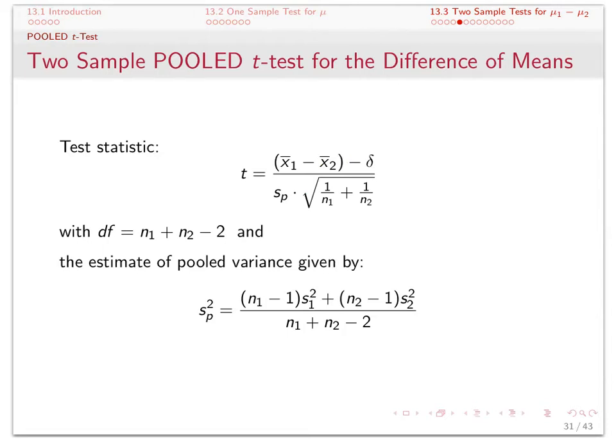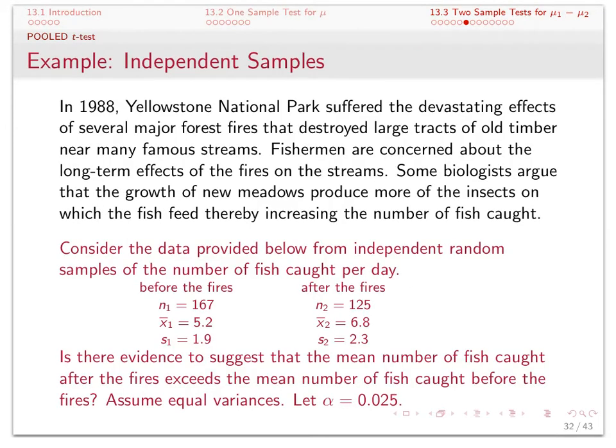Now remember, this is a t-score that's going to be computed with degrees of freedom equal to n1 plus n2 minus 2, and we'll generate the estimate of pooled variance by computing sp squared equal to n1 minus 1 times the variance of the first sample, plus n2 minus 1 times the variance of the second sample, divided by the number of degrees of freedom. This computes our estimate of pooled variance, which we then take the square root of to use in the formula for our test statistic. Let's look at an example.